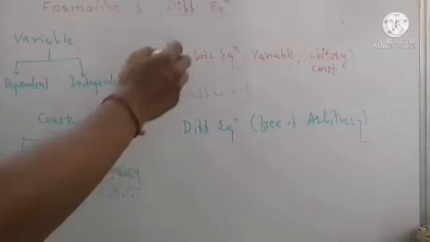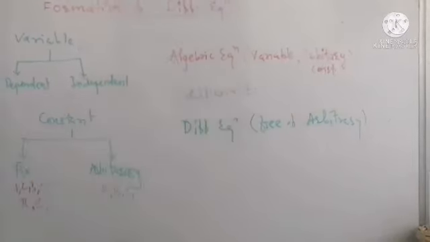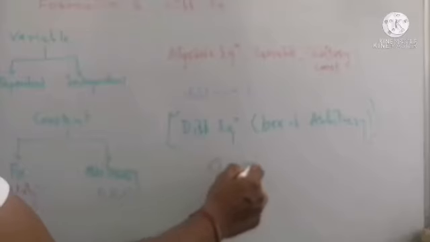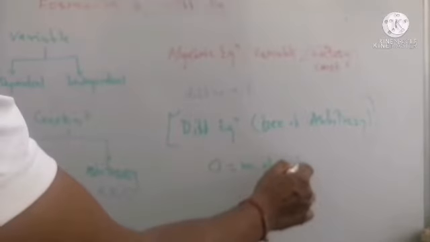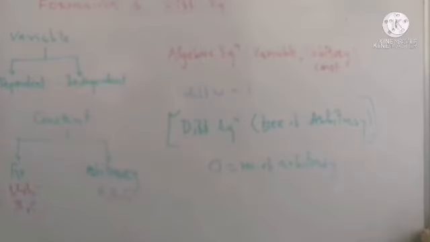So by taking the derivative, we eliminate arbitrary constants from the algebraic equation, and the order of this differential equation is equal to the number of arbitrary constants in the given algebraic equation.